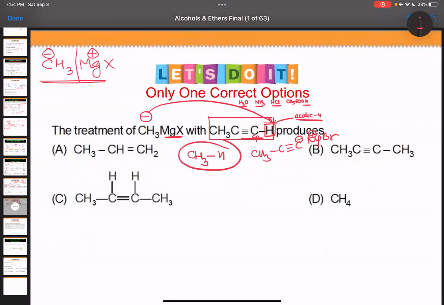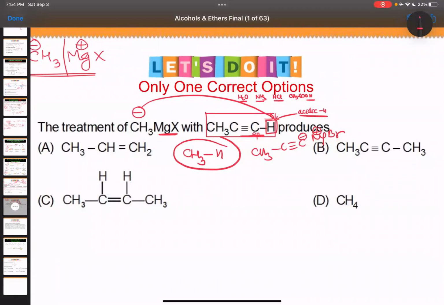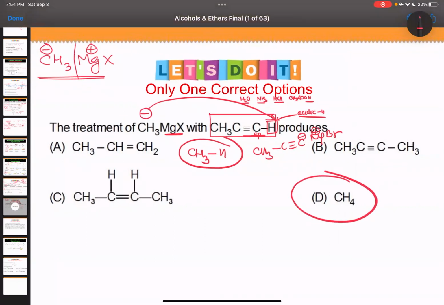So you remain very cautious and ensure that the ether you are using is dry, free from any water or alcohol. This is very important and most students make mistakes. So this is going to be the answer. Is it clear?